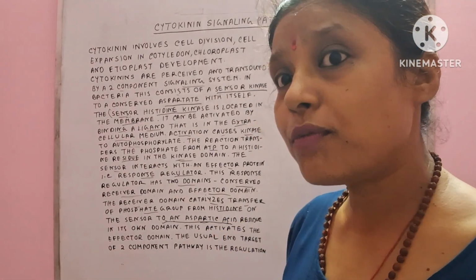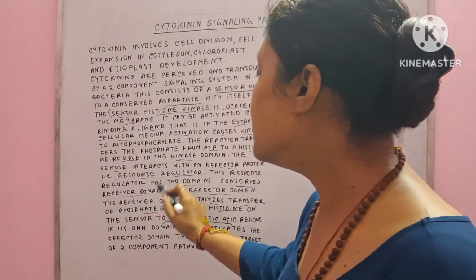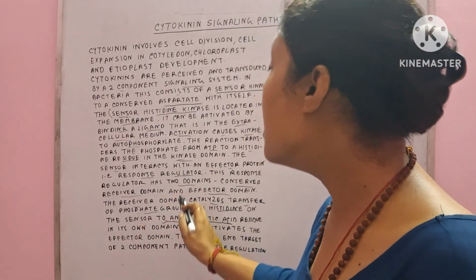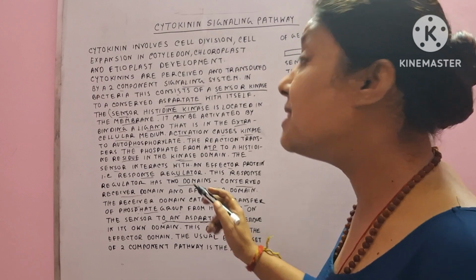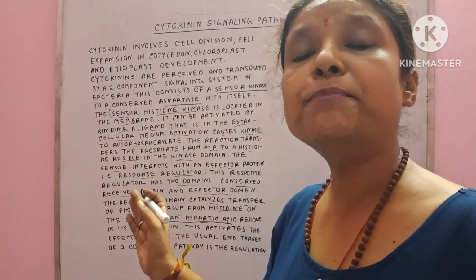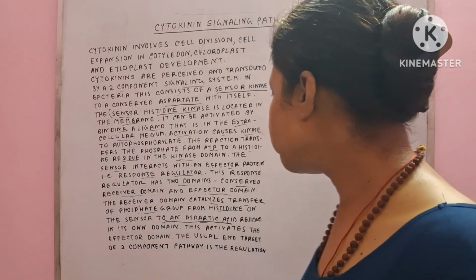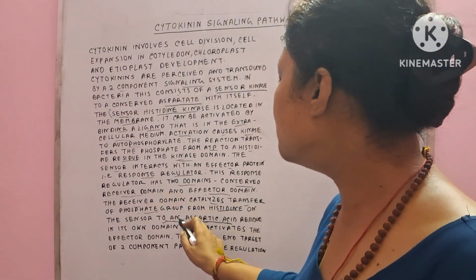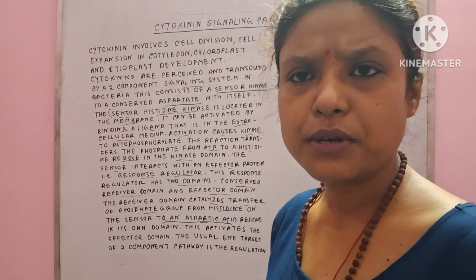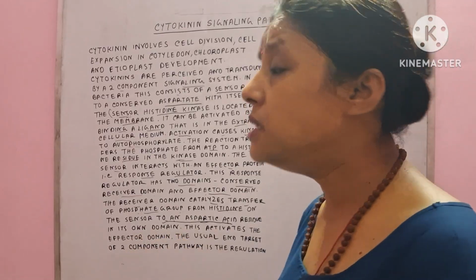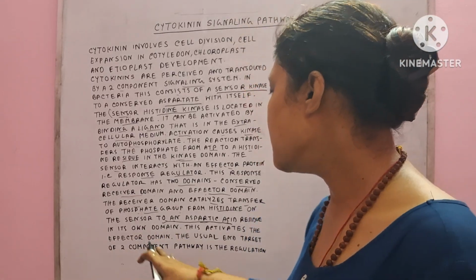That is, it helps in the transfer of the phosphate group from the histidine, which already comes from the ATP, to the aspartic acid. Now this activates the effector domain. Due to this transfer, the effector domain becomes activated.